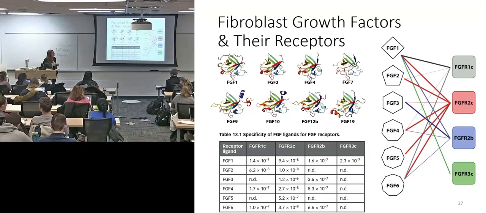This is a table from your textbook. We will do an example with it. I will almost 100% ask you to use it on either the homework or exam. What's in here are KDs, dissociation constants, between the different FGF ligands and the different receptors.